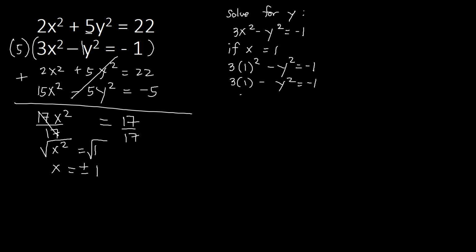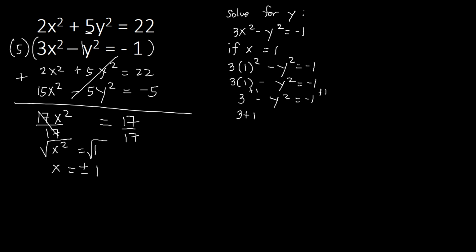3 times 1 is 3, minus y squared equal to negative 1. We move negative 1 to the other side. We can have it as 3 plus 1, because we're adding 1 on the other side to get the negative 1 out.